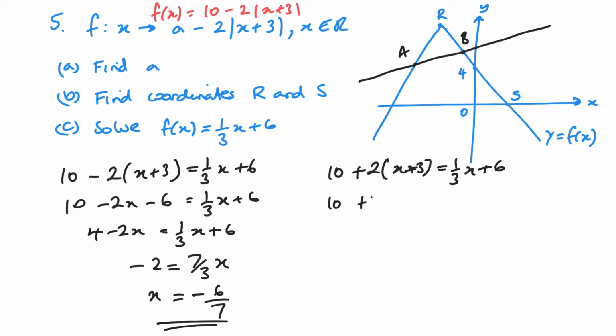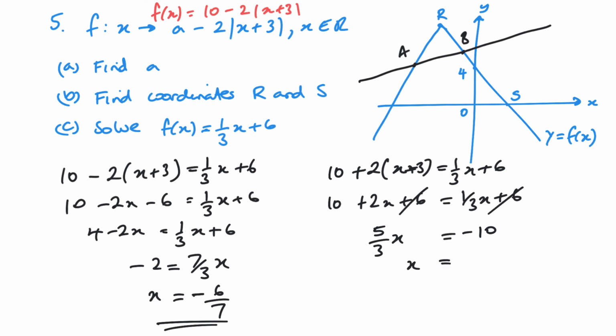So 10 plus 2x plus 6, x plus 6. I can cancel these, take 6 away from both sides. 2 take away a third is 5/3 x minus 10, taking that to the other side.